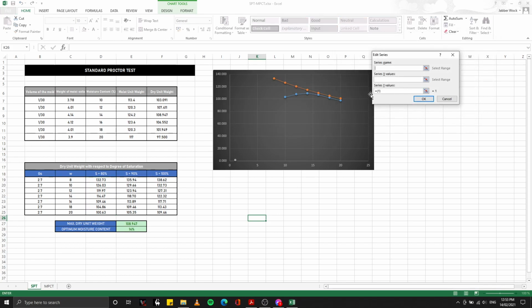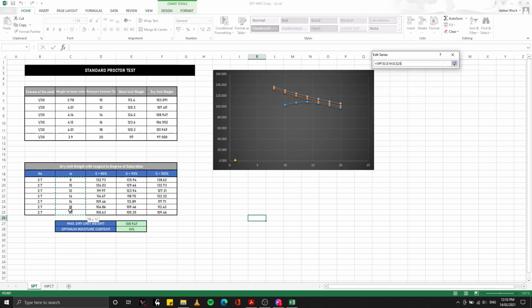Next, add na naman tayo ulit. Same X values. Okay? Then, ang Y values natin is yung nasa 90 na naman. Okay? Next is sa third. Same pa rin. Y values is nasa 100%. Okay? There we go.